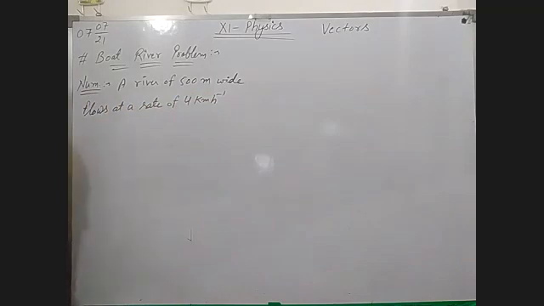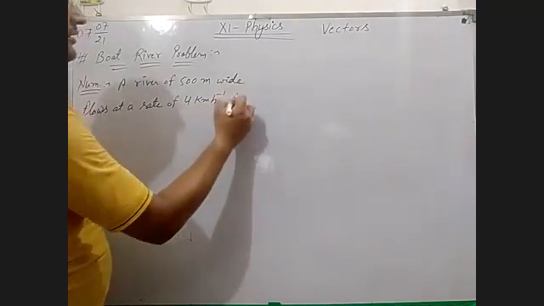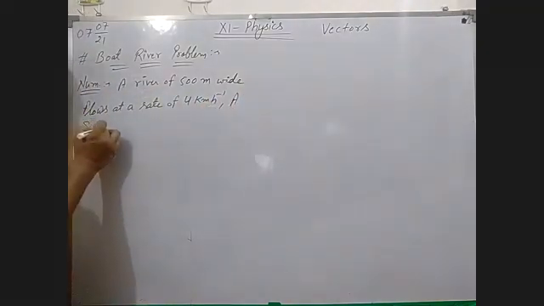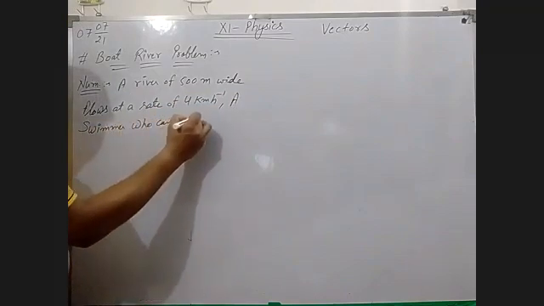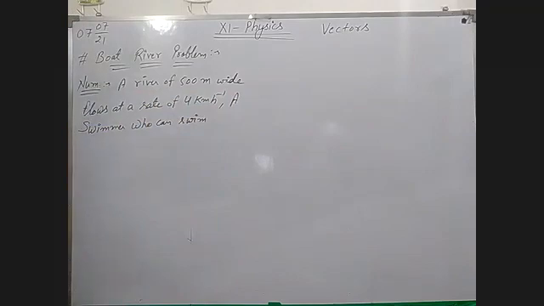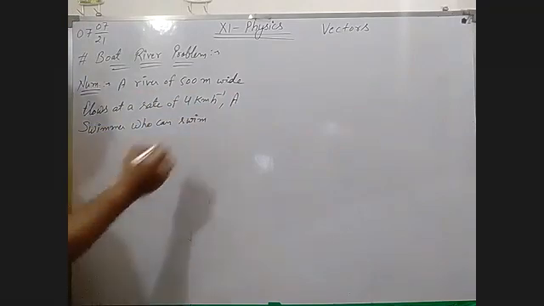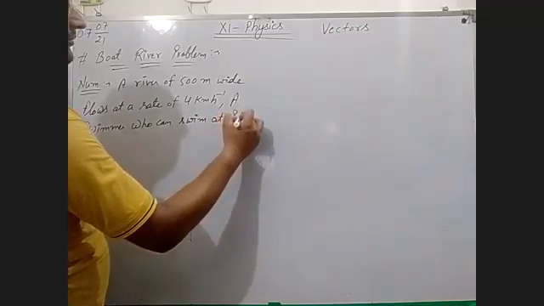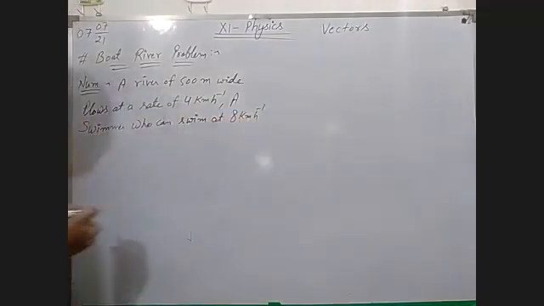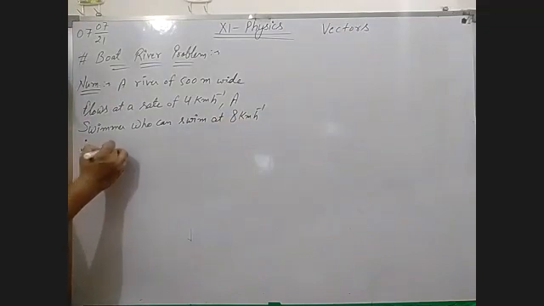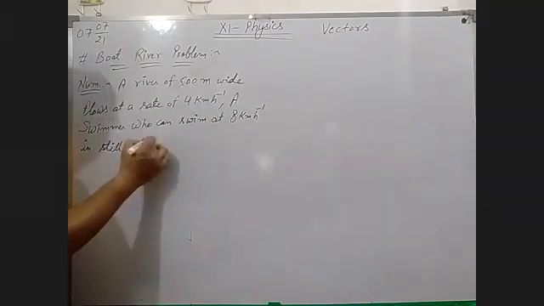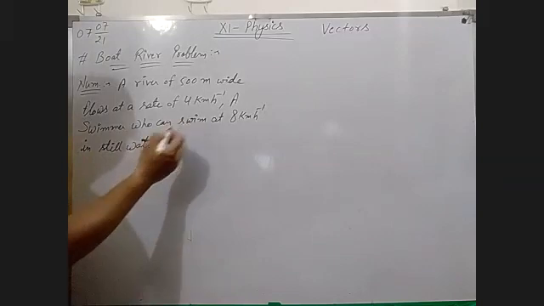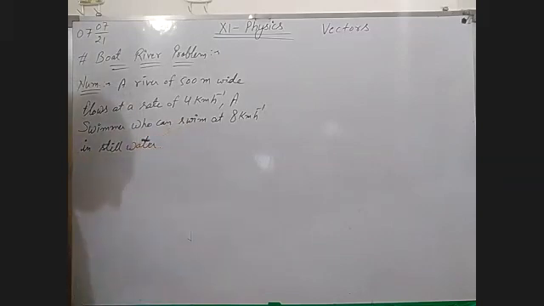A swimmer who can swim at 8 kilometers per hour in still water. In still water, what is the value of swimmer velocity? 8 kilometers per hour.